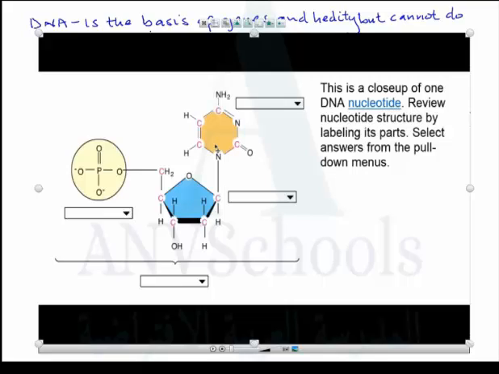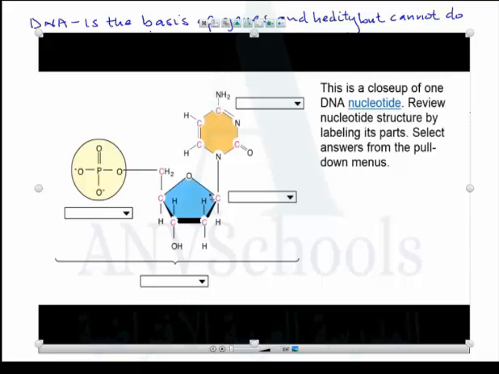You can think about the 3 parts. They include a sugar, a phosphate group, and the last part, which is nothing but the nitrogenous base.